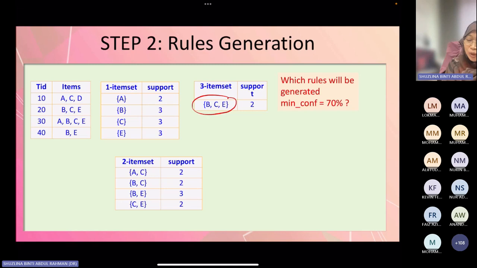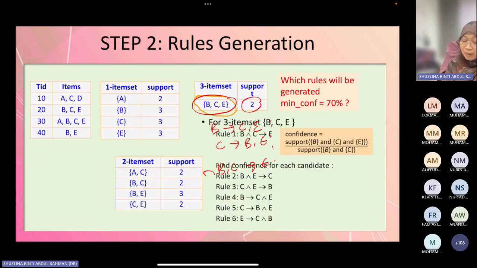So we may have rules like B implies C and E, C implies B and E, or B and C implies E. There are many possible combinations, and for each of these you need to find the support and confidence. But the support is already known as 2, so you only have to calculate the confidence value. So you can continue doing that.